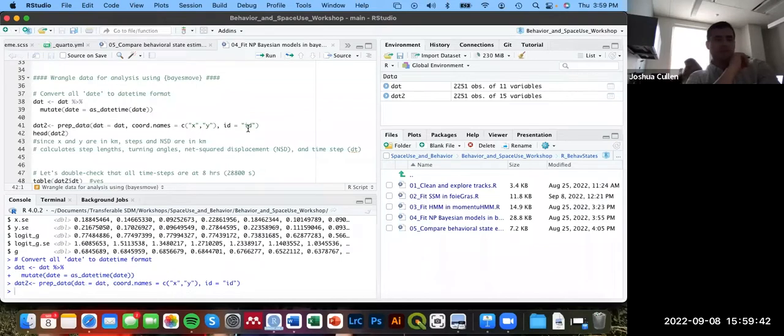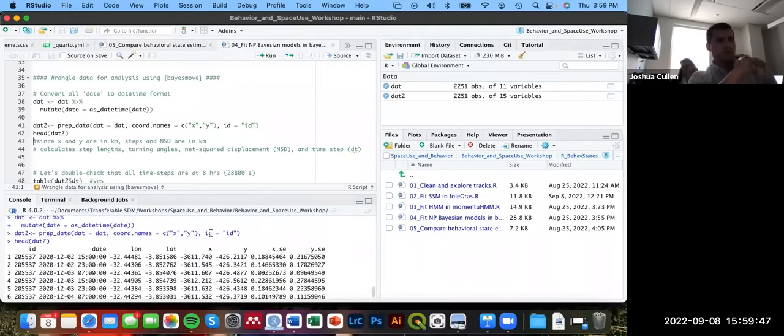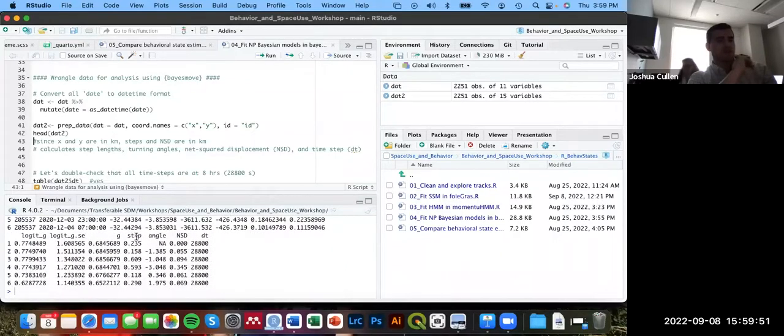Okay, and let's take a brief, quick look at this. So this is the first 6 rows of this data set, and it added in step for step length, angle, so turning angle. So that's the same as the momentuHMM package. The differences here are that it also calculates net square displacement.